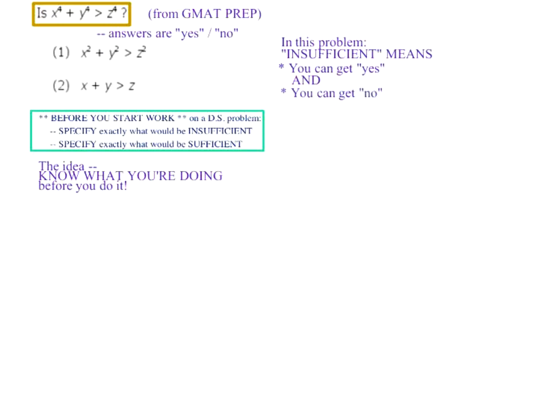Yes to this question means that x to the fourth plus y to the fourth is actually greater than z to the fourth. And then a no to this question would mean that x to the fourth plus y to the fourth is not greater than z to the fourth.